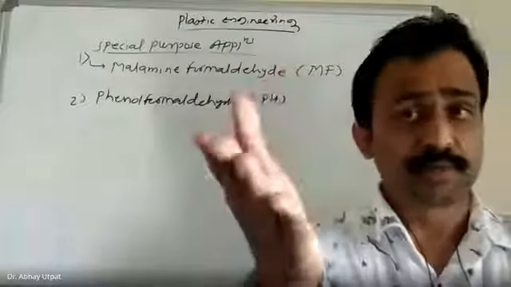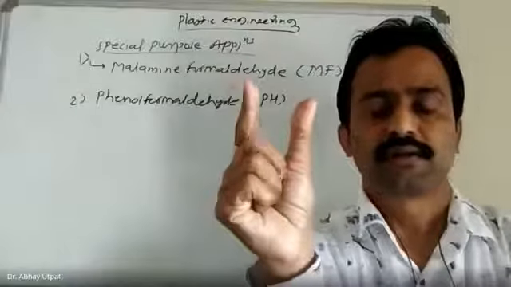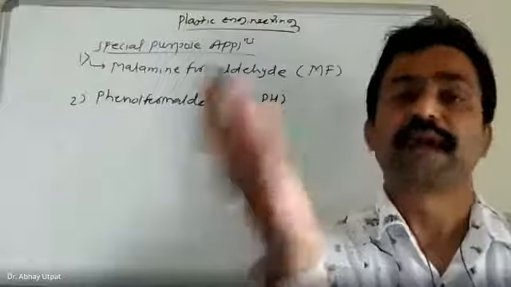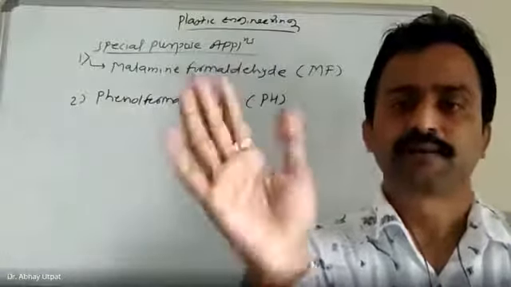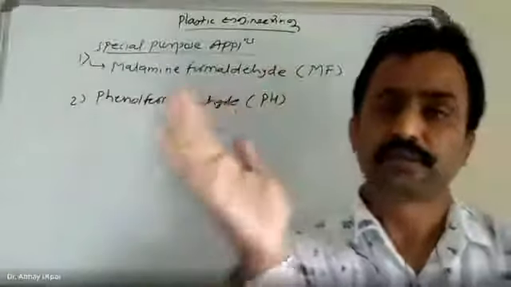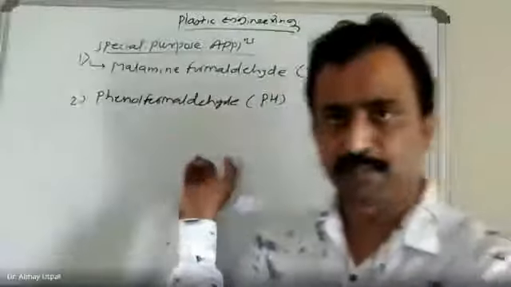That's why they are used for making your sockets and electronic components. Whatever sockets and buttons are there, they are made of bakelite, that is phenol formaldehyde. It is shock proof, electrical and fire resistant. And for your information, this is thermosetting.